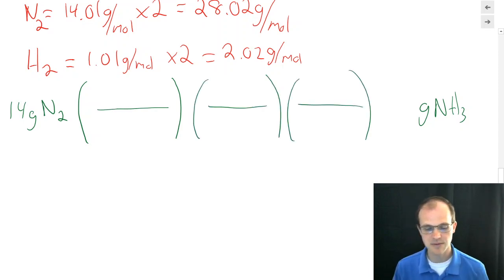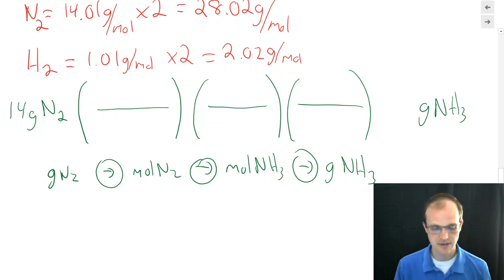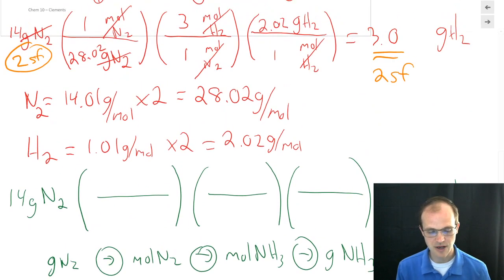We know there's going to be 3 conversions because we're doing grams of nitrogen to moles of nitrogen to moles of ammonia to grams of ammonia, and each arrow is a conversion factor. This first conversion factor should look awfully similar, grams of nitrogen to moles of nitrogen, so I can just copy that from what I have up there.